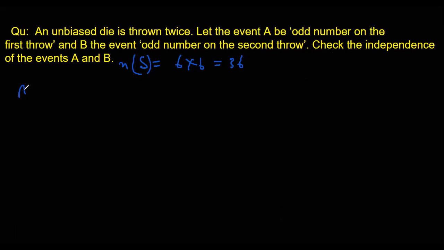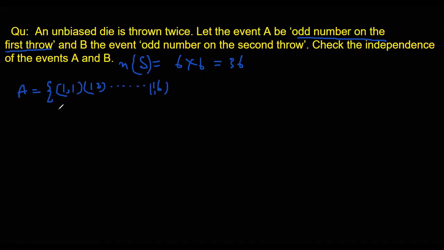We can write event A. How will event A look? He's defining an odd number on the first roll. So odd number on the first roll means you'll have 1 1, 1 2, 1 3, 1 4, 1 5, and it goes up to 1 6.